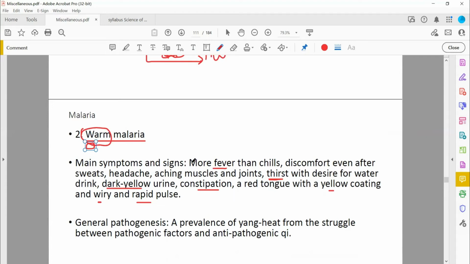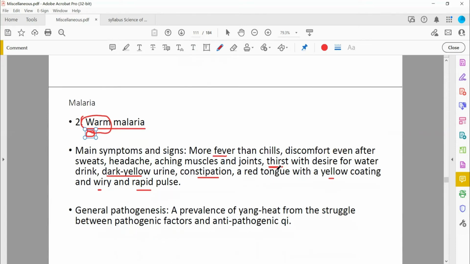So this one has more heat. That's why it's called warm malaria. All of this tells you there's strong heat here.